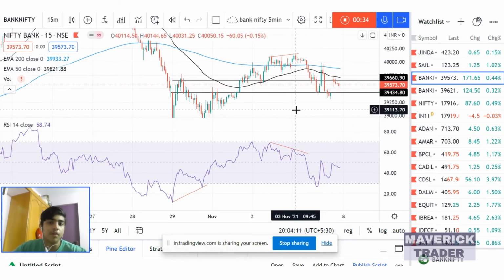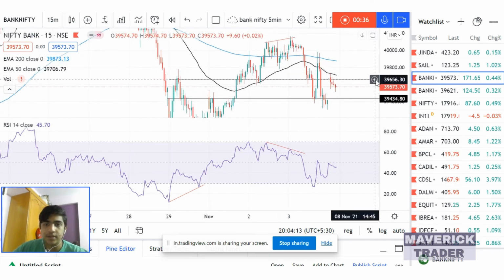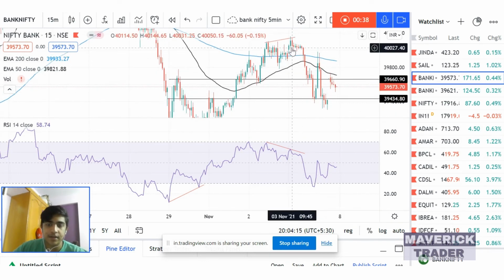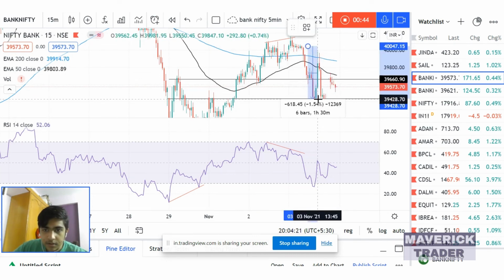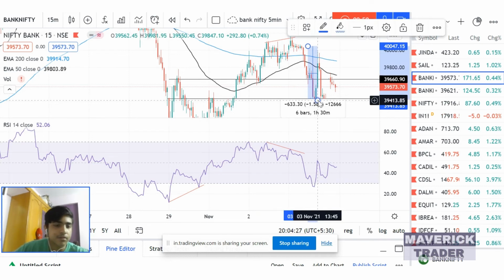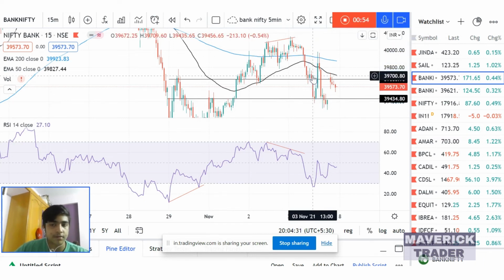So this is always a bearish signal. And can you see? It made a bearish engulfing candle here, and look at the immense fall that came. It's about a 1.6% fall, a 633-point fall in Bank Nifty, just based on a small, simple indicator. I hope you understand what this is about.